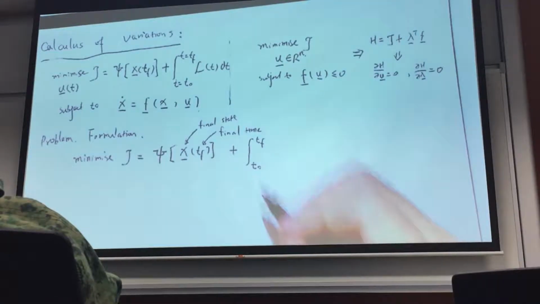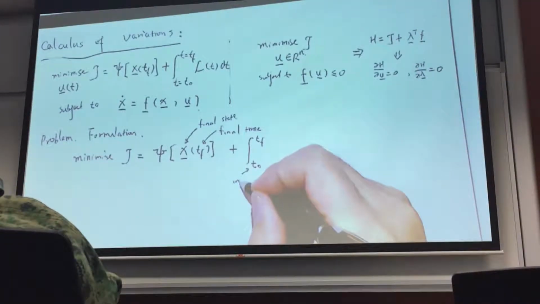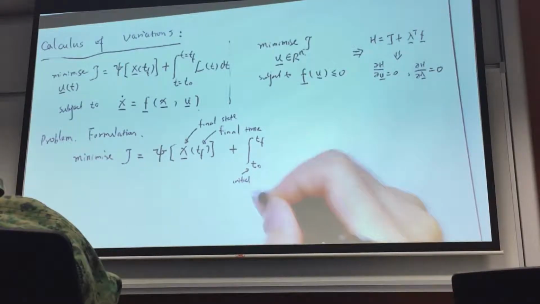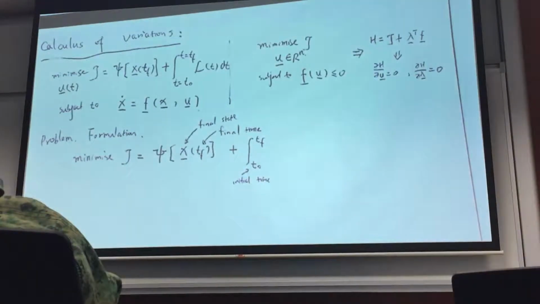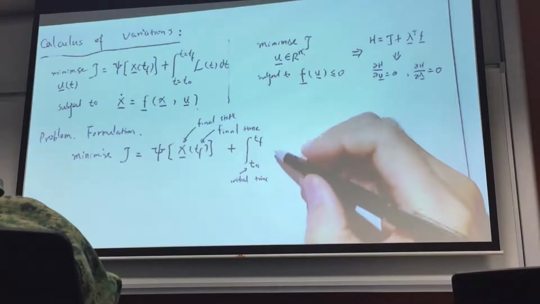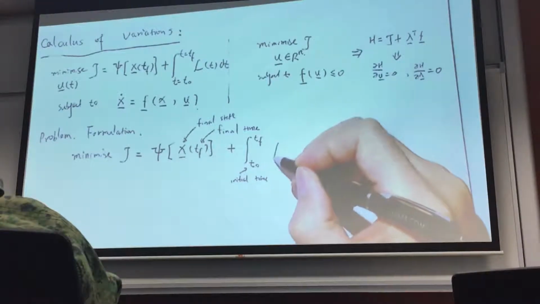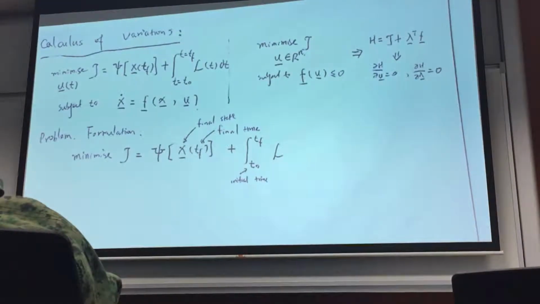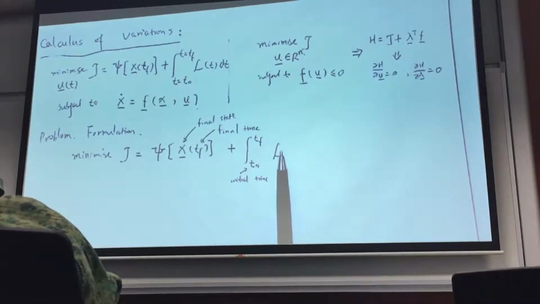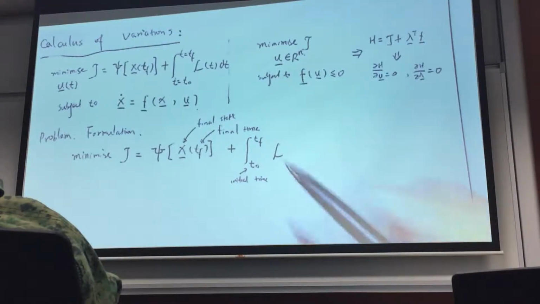The T0 is the initial time. So we define a function. You can define an arbitrary function to represent either the time or the distance or the energy or anything else that you want to represent.